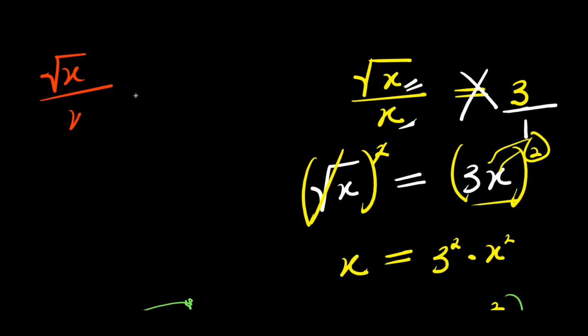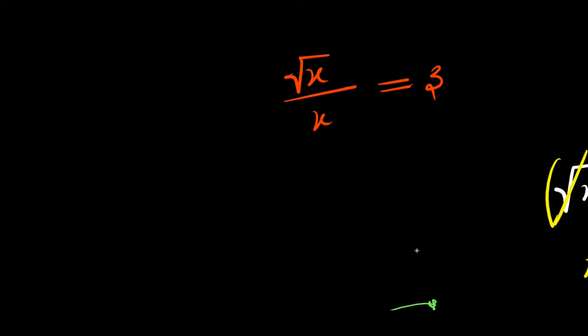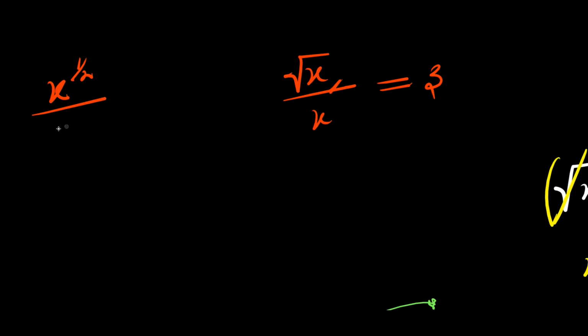let's do it this way. I will simply express square root of x as x power 1 over 2 divided by x equals 3. Remember, if you have square root of a, this equals a power 1 over 2.